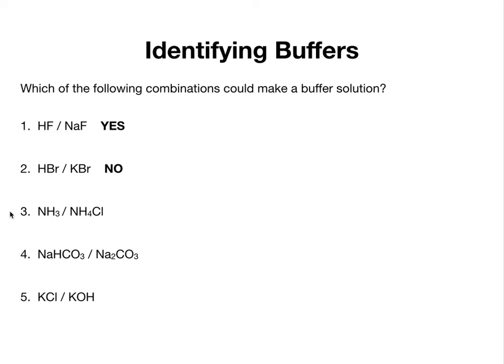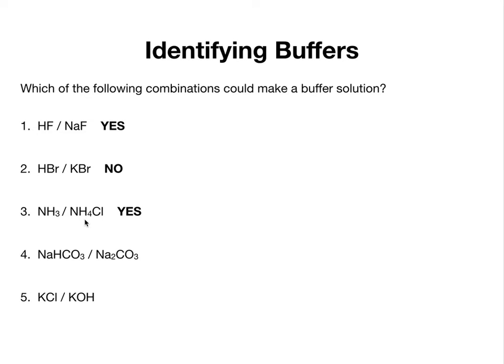Okay. What about number 3? Look at that. Make a prediction. Do you think that that combination would make a buffer solution? Yes, it would. Do we have a weak acid? Now you look at that and you'd say, well, that's ammonia. That's a common weak base. Do we have the conjugate acid of this base present?